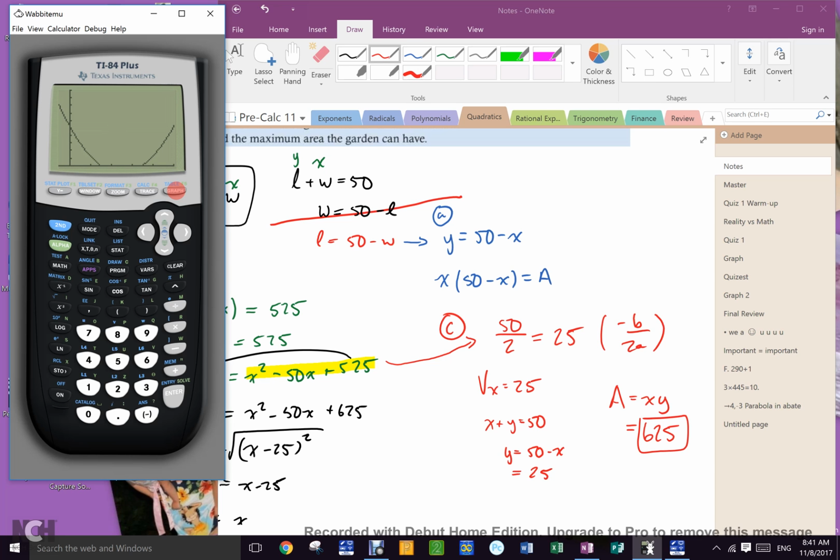Not bad. Not bad at all. Except what has happened? It's an upside down one, right? How can my maximum be on this type of parabola? What did we do to get to here? And I hid it on purpose.